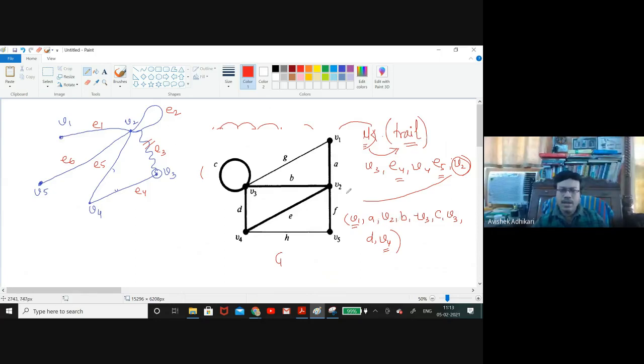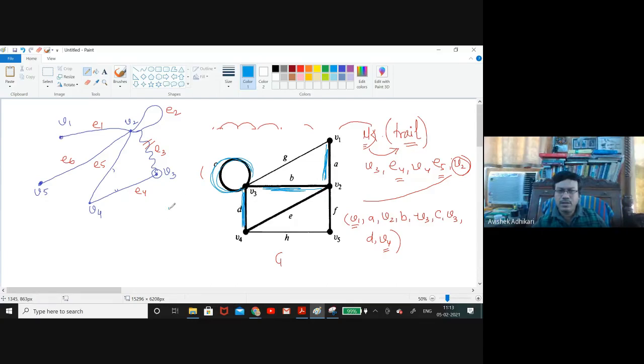Now if I write it like this, I go to V2, and V2 to B, then I come to V3, and then I again have a loop here. I again come to V3, and then I have taken D, and I stop here.